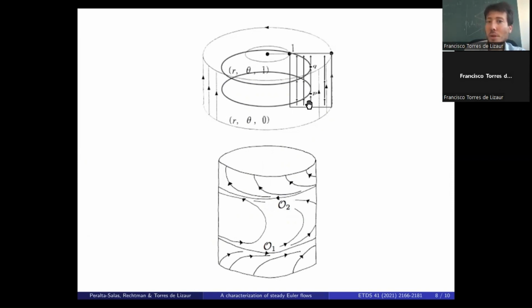Okay? But then, instead of being the vertical vector field inside, you have two periodic orbits here. And what happens is that some orbits that start in the bottom get attracted by these periodic orbits here. So there is a cylinder here, a circle of orbits that have this periodic orbit as limit cycle.